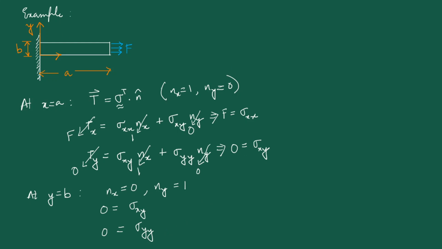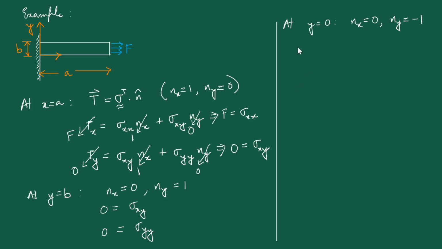Next, for the edge y equal to 0, that is the bottom surface, at y equal to 0, we again have nx equal to 0, but ny this time is equal to -1.